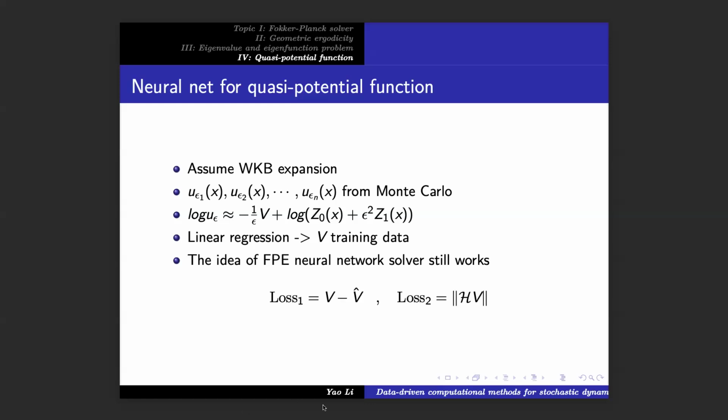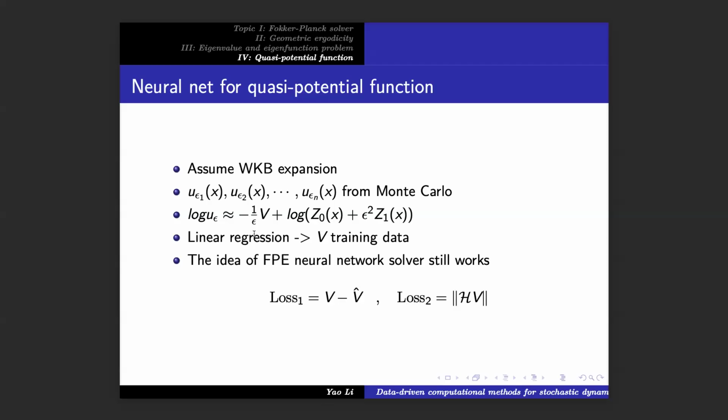You are able to do it because you know that epsilon, the magnitude of noise, is changing. Then you take a Taylor expansion of the log, and do a linear regression. Then you get the training data of v, and you can get the training data of z in the same manner.